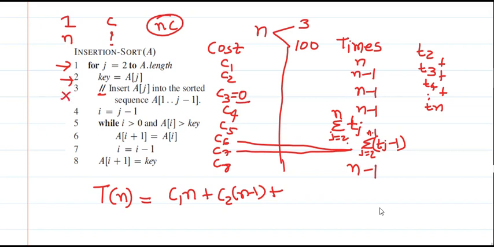And for C3 we can ignore, because the value of C3 is 0, so we can ignore line number 3. For line number 4 we can say C4 into n minus 1.